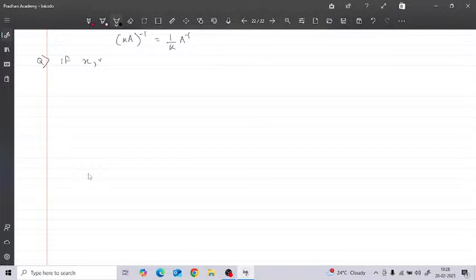If x, y, z are all non-zero, and A equals the diagonal matrix x 0 0, 0 y 0, 0 0 z, then find the A inverse.